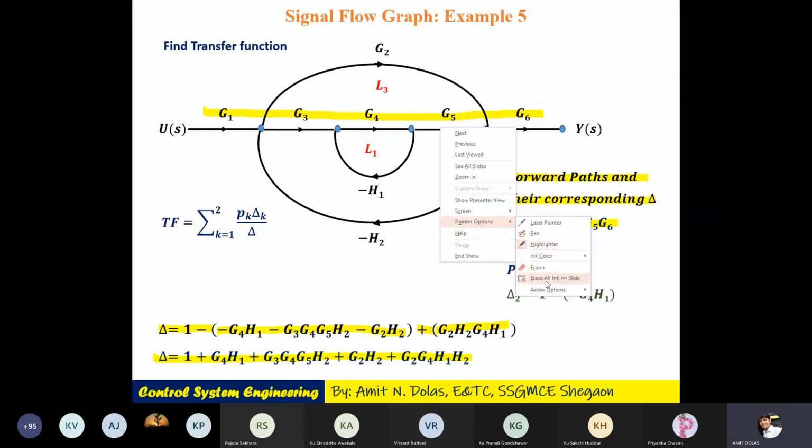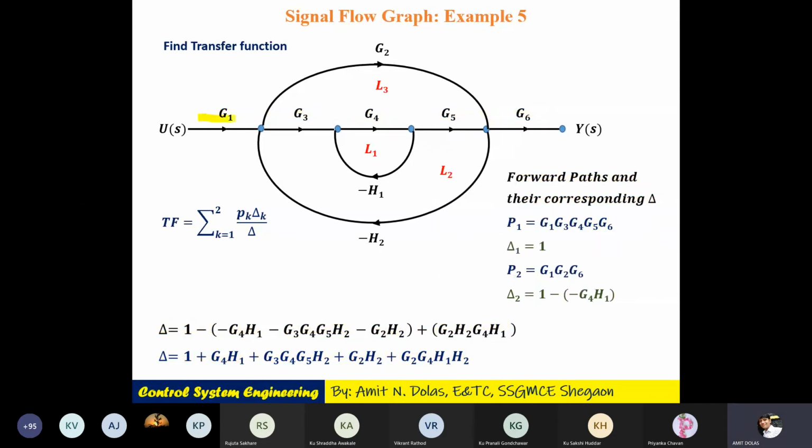Let's see the other path. The other path is G1, G2 and G6. If you look, here L3 is connected and L2 is also connected. But there is a very small part which is not connected to this forward path, that is minus G4 H1. Therefore, delta 2 will be 1 minus of G4 into H1. Taking the minus sign inside, it will be 1 plus G4 H1.